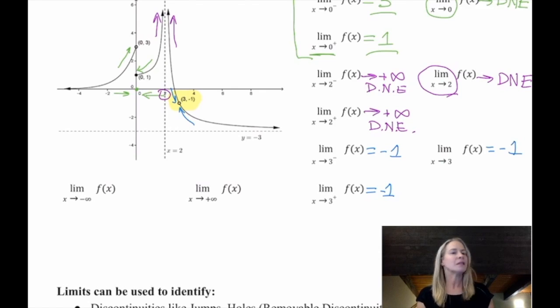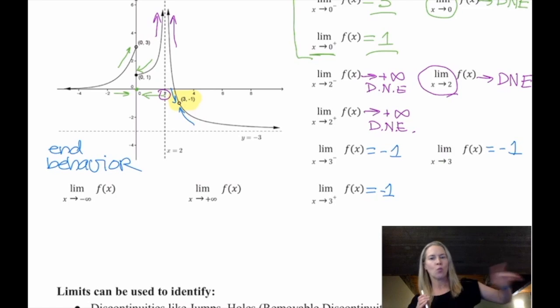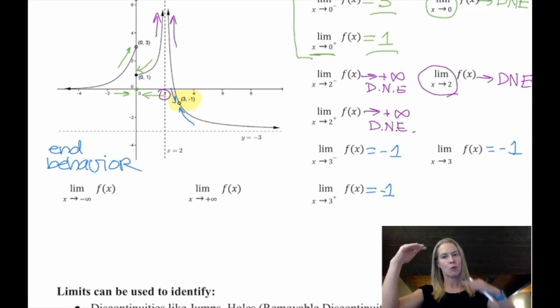Finally, let's look at the limits as x goes to positive and negative infinity. Sometimes that's referred to as end behavior, because we're looking at what the graph does as it goes way out that way or way out this way. Is it going up, up, up, or is it approaching an asymptote?